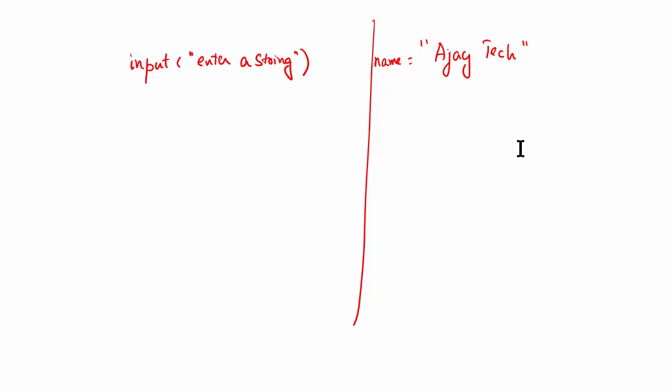A more laborious way to do it is to do it yourself. How would you do it? You would iterate over the entire string, alphabet by alphabet, and then take a count variable, keep adding the count of all the alphabets, and then finally, once the loop is over, you get the length of the string.